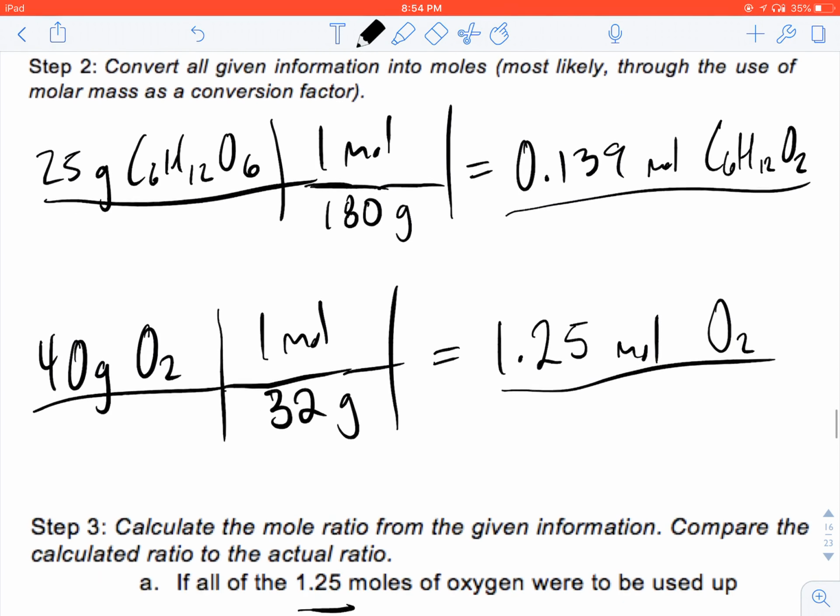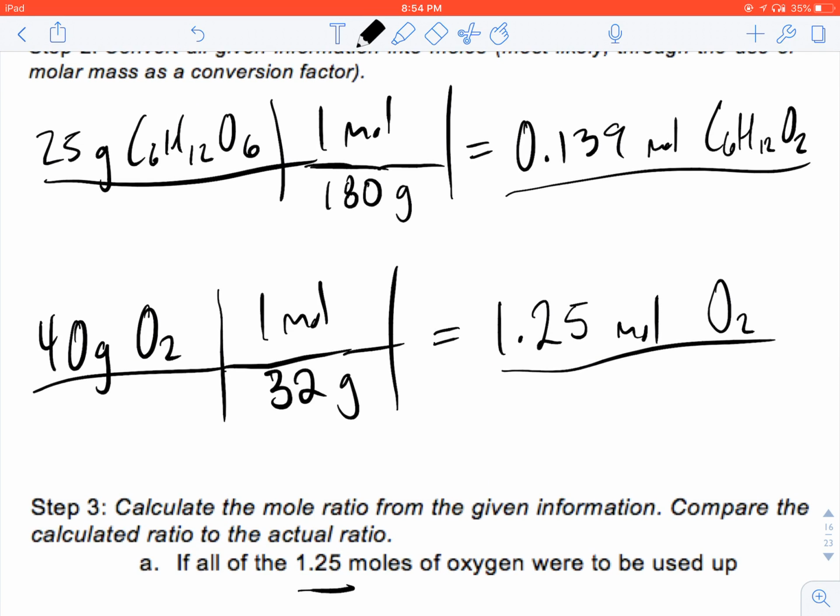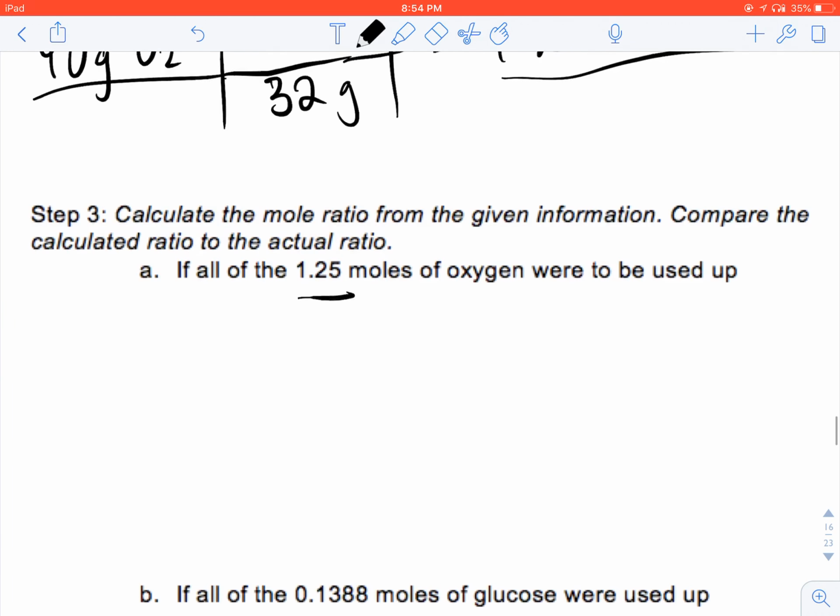Anyways, moving on to step 3. Now that we know how many moles of each component we have, what we're going to do is see if we used up all of the first component, how much of the second component would we need, and vice versa. So let me show you what that means.